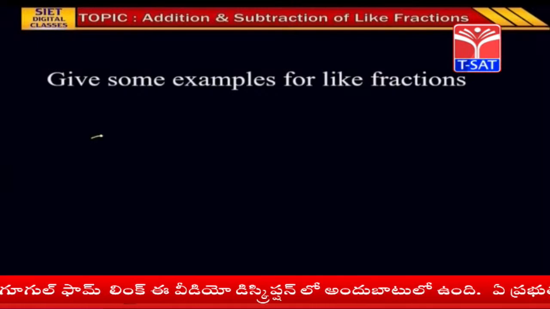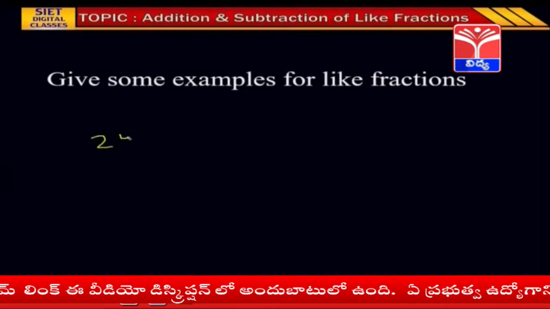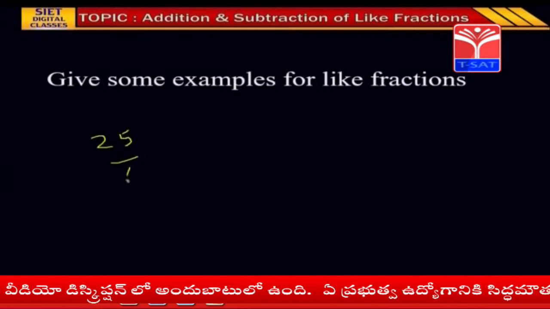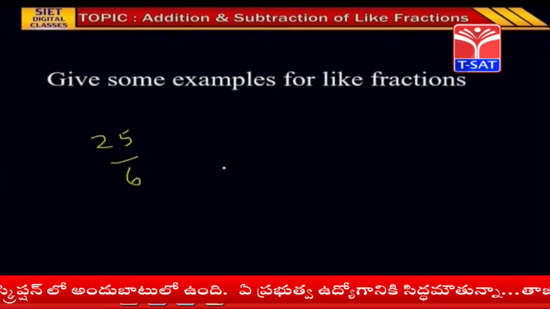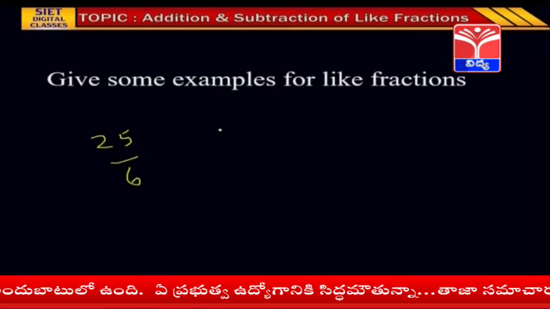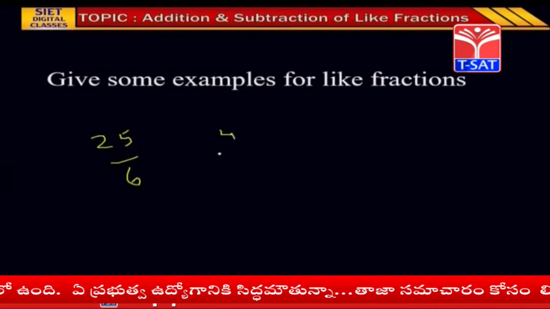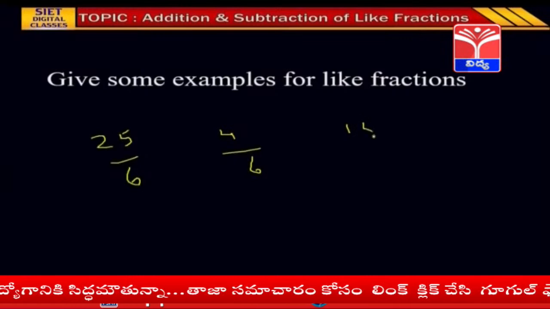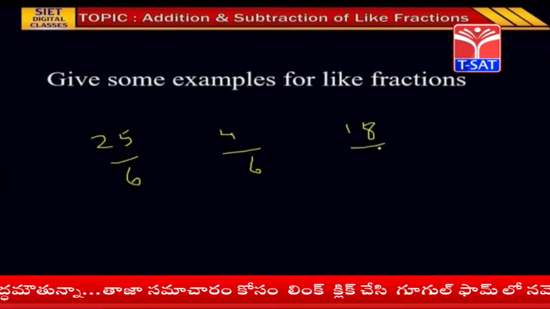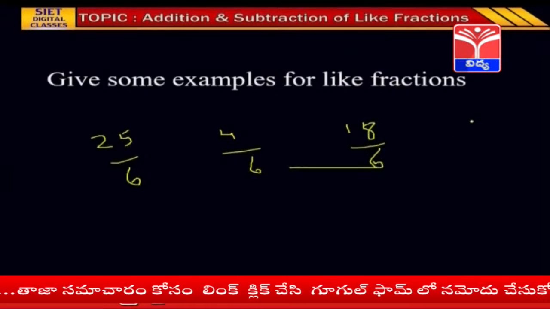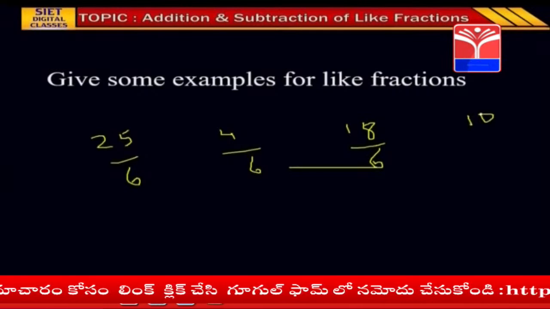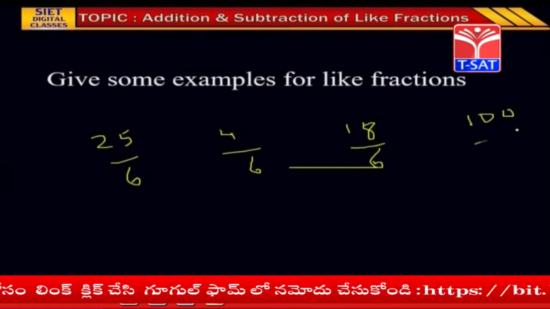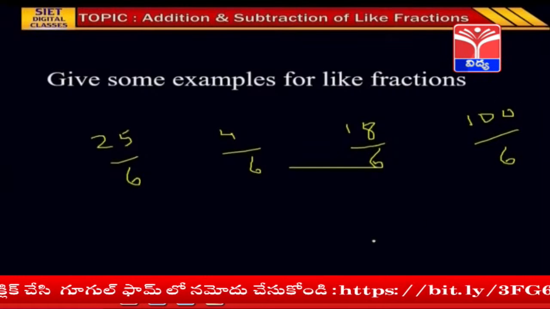Suppose 25 by 6. Give like fractions for 25 by 6. 4 by 6 also a like fraction for this. 18 by 6 also a like fraction for this, and 100 by 6 also like fractions for this. Why?